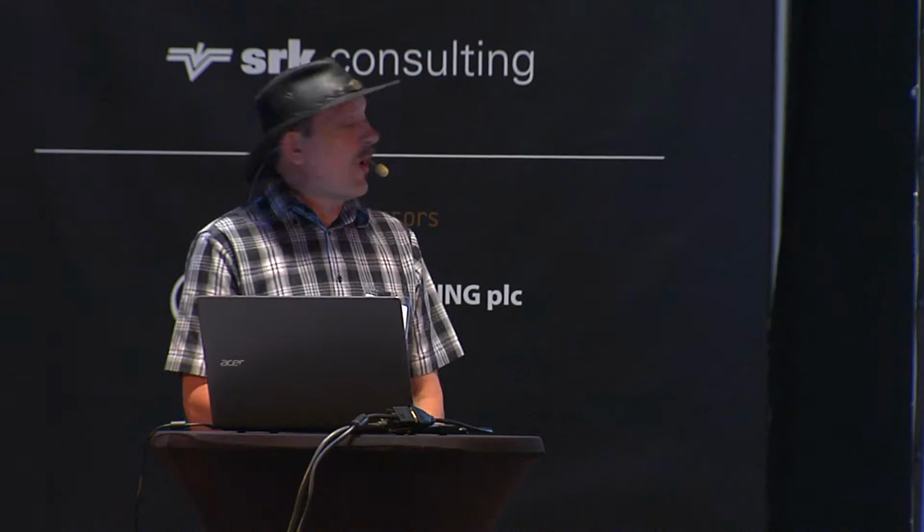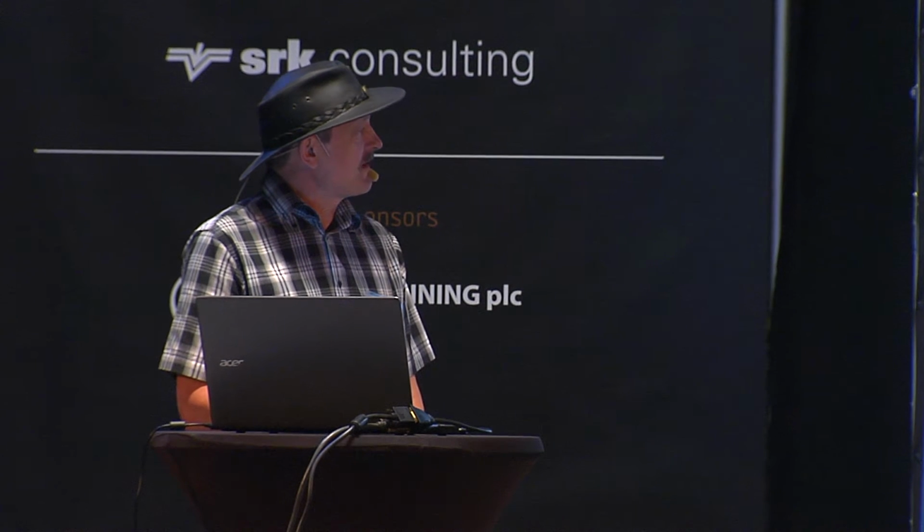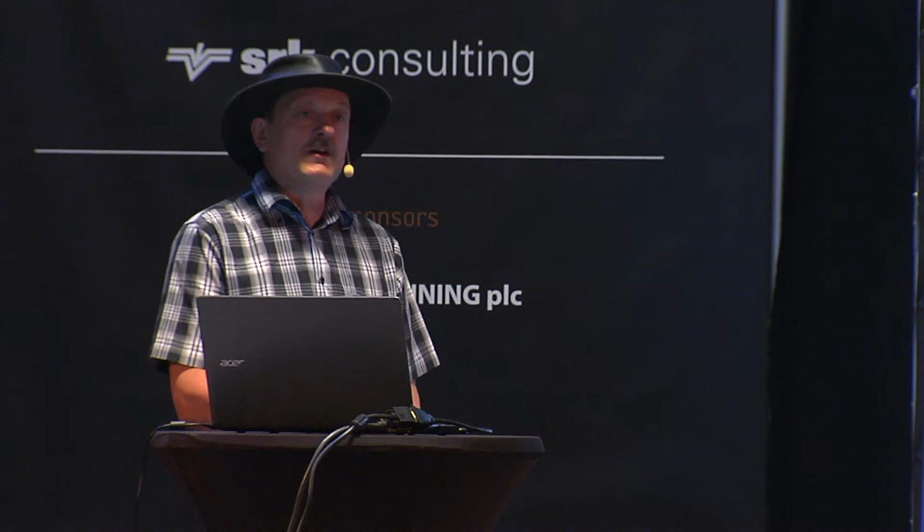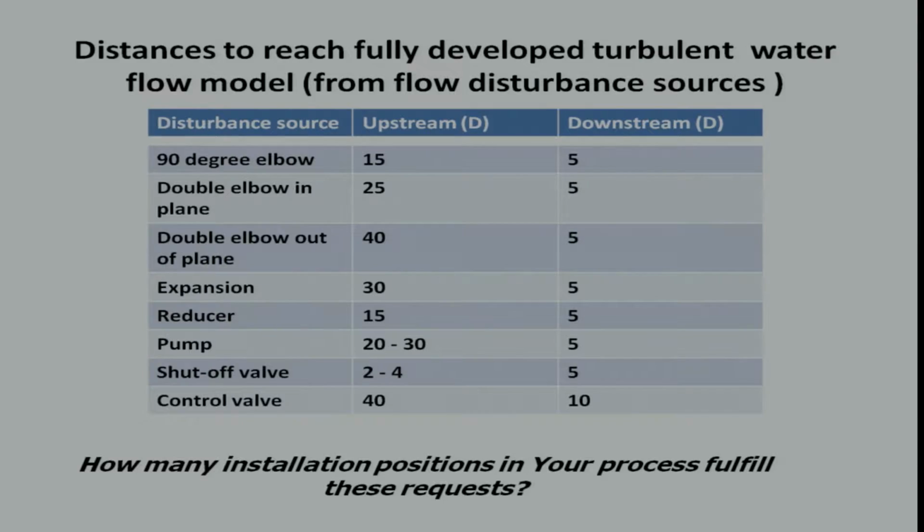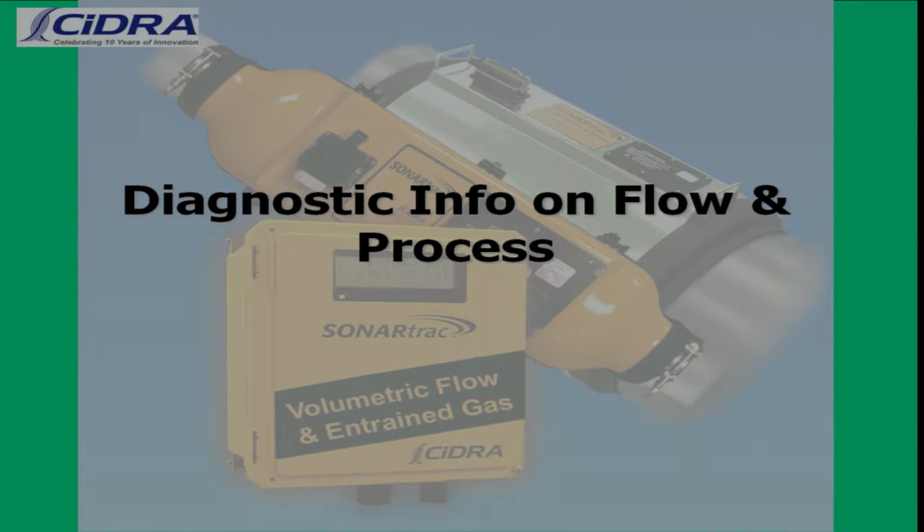So how many positions in your process are really fulfilling this request? Usually in processes, these flow conditions are far away from this fully developed flow. So a little bit more information on the flow model, what's happening in the pipe, is needed.